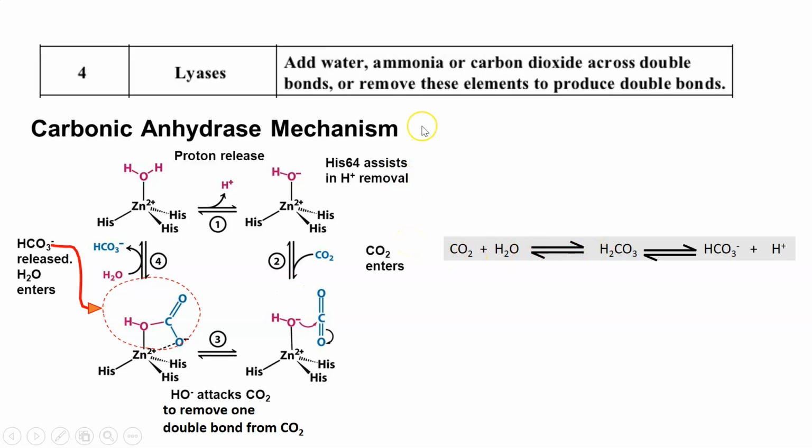Remember, one of the features of lyases was that they introduce or break up a double bond. Now this is the reaction. It's quite complicated, but what this represents is the active site of carbonic anhydrase. There are histidines that make up the catalytic site, and you also have a zinc ion.